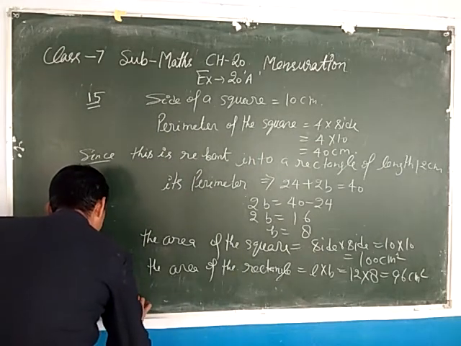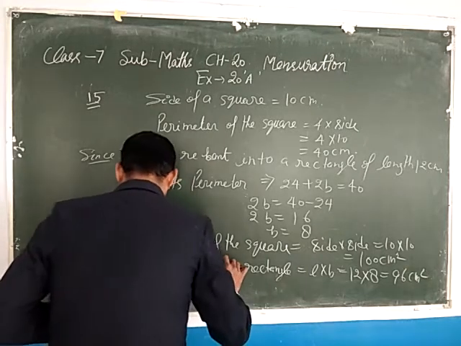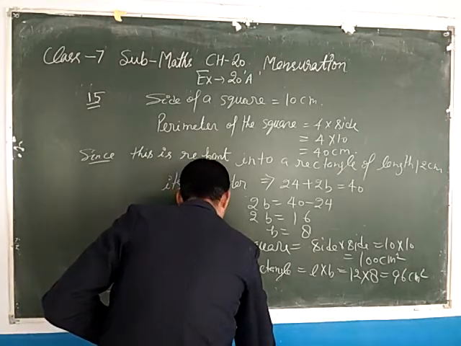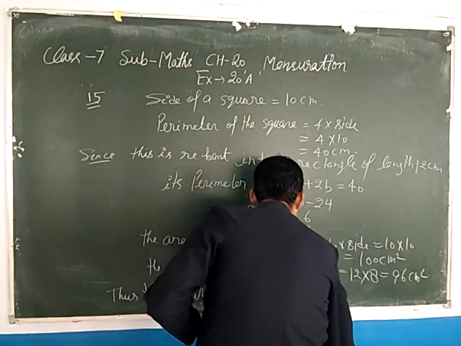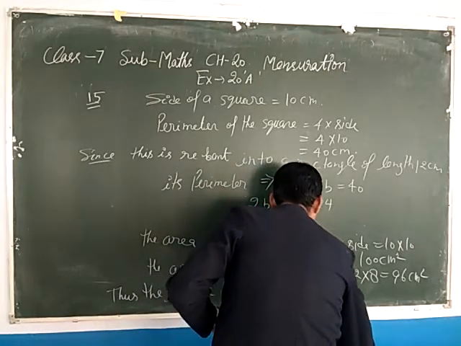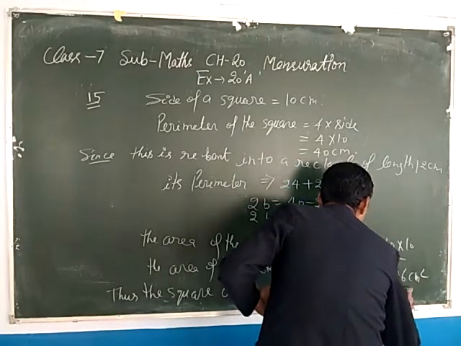Thus the square occupies more area by 4 centimeter square.